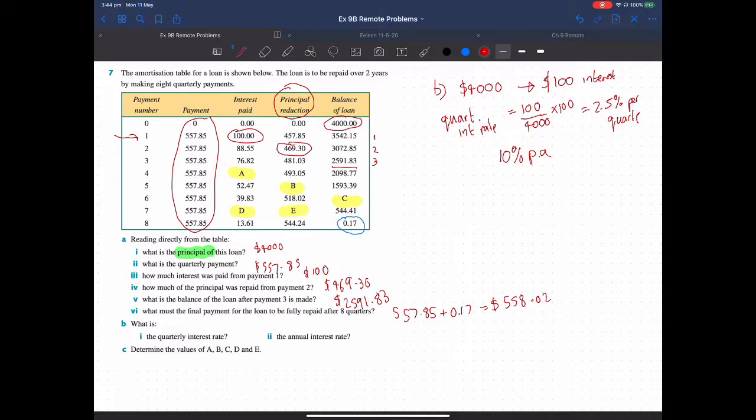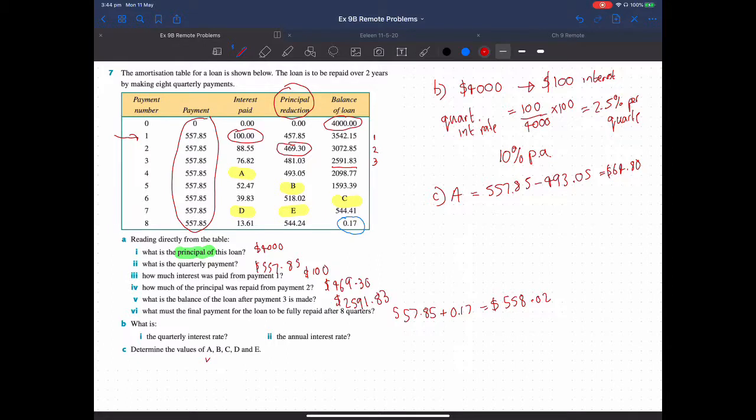So if you look at payment number 4 to find A, excuse my messy writing and setting out, that means if I go $557.85 and I subtract $493.05 from it, that difference will be what A is equal to, and that comes to being $64.80. So we'll tick A off.